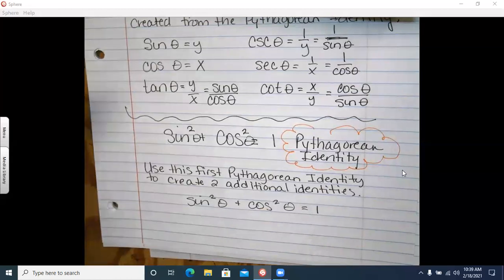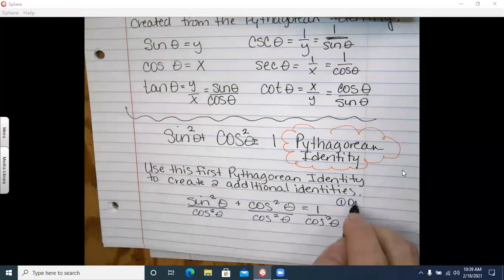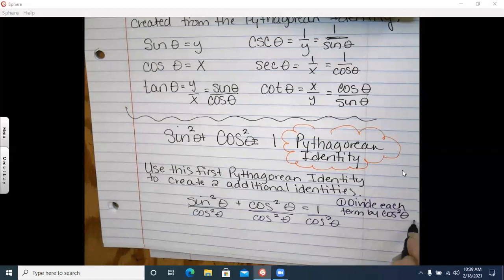Each term. Next thing I'm going to do is simplify each term.